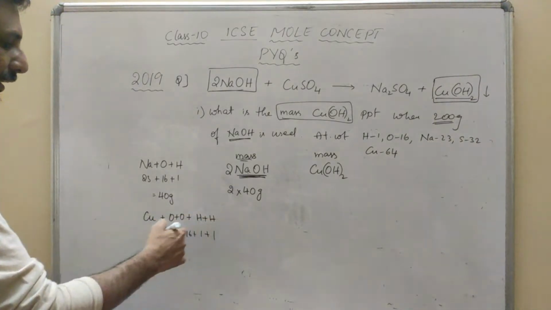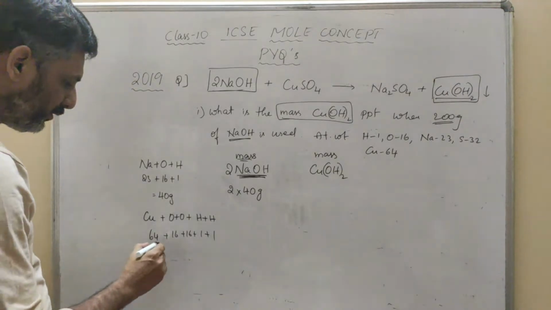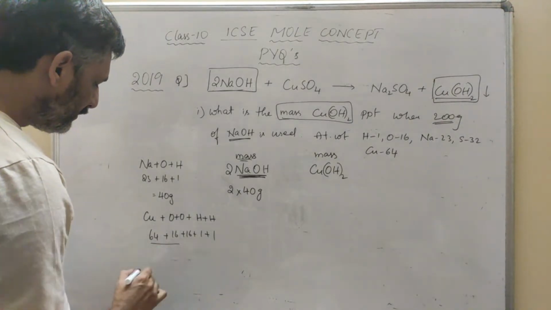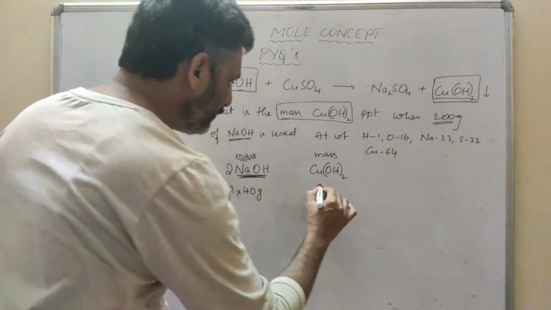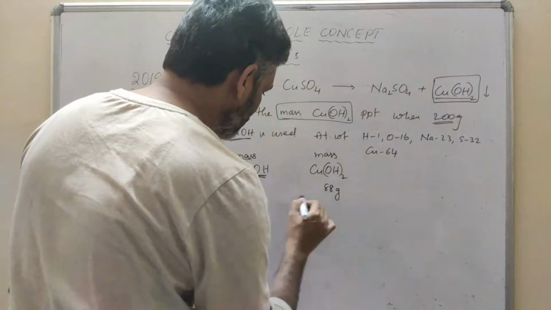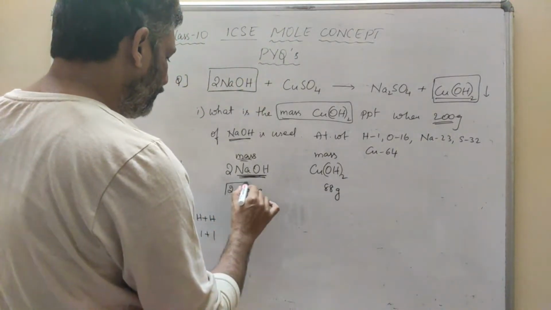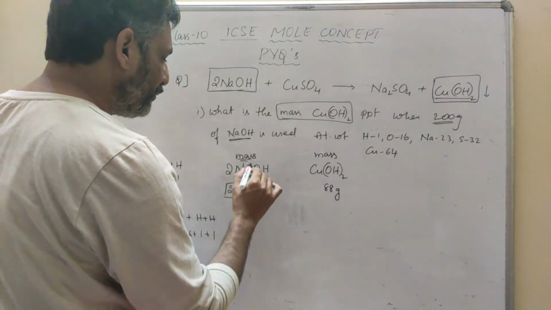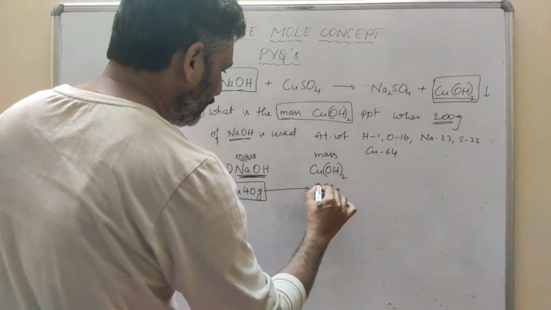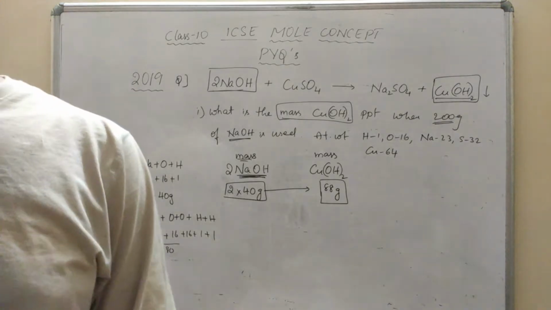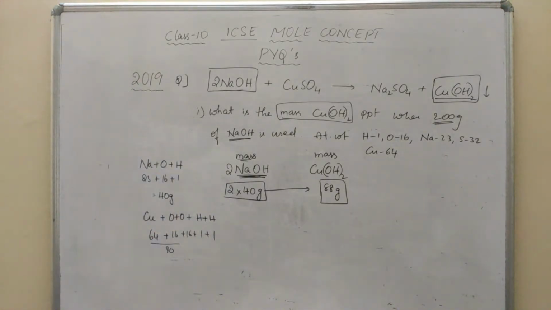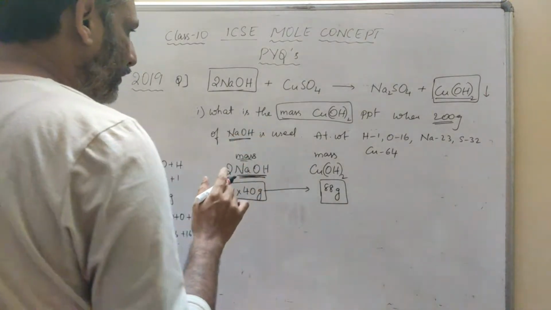I am substituting atomic weights there. 64 plus 16 is 80, and this is 18. So this is 88 grams. That means if you take 2 into 40, 80 grams of sodium hydroxide, it will give you 88 grams of copper hydroxide.